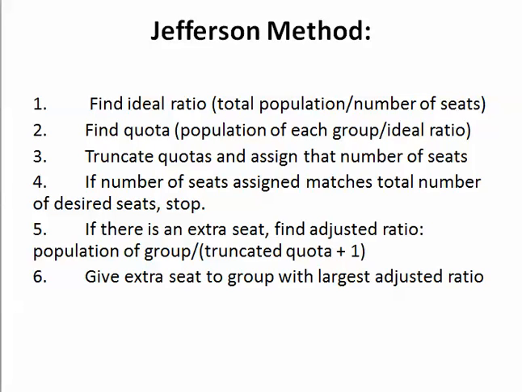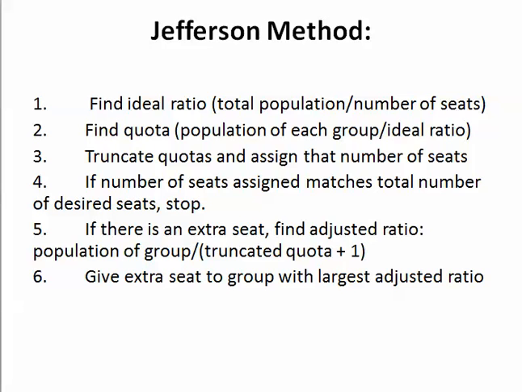To find that, we take the population of the group and divide it by the truncated quota plus 1. Or in other words, our answer from part 3, 1 more. Then we're going to give the seat to the group that has the largest adjusted ratio, because that means that the group is still fairly being represented in a similar manner to the other groups.